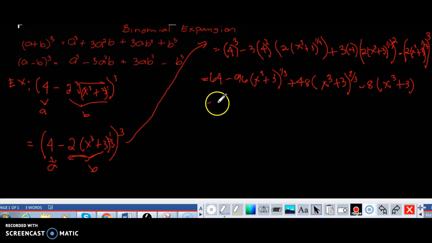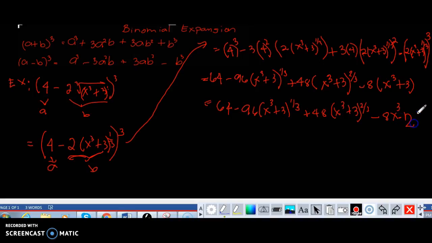Let's do that. I only have 10 minutes for this video, so let's wrap it up. 96 x cubed plus 3 to the power of 1/3, plus 48 x cubed plus 3 to the power of 2/3, minus 8x cubed minus 24. 8 times that, 8 times 3.